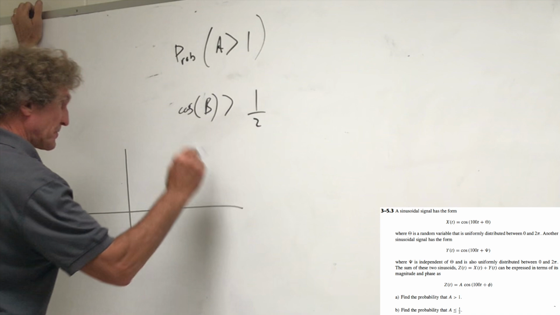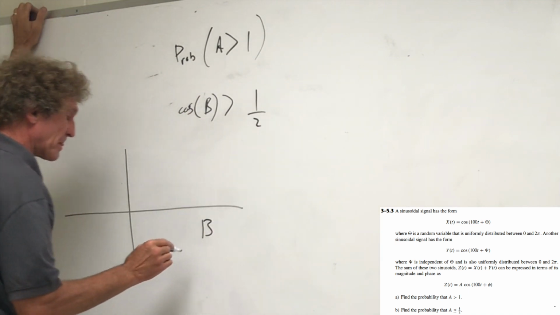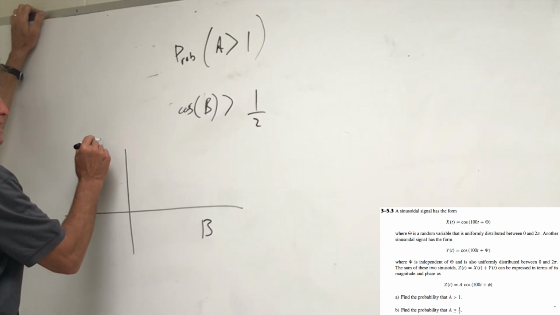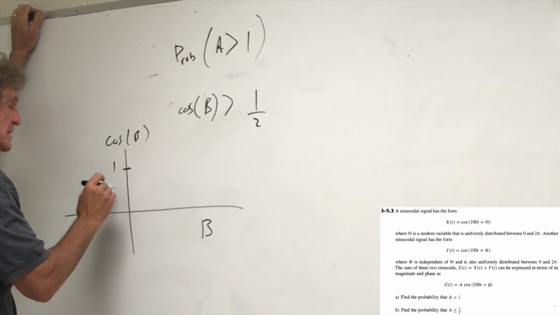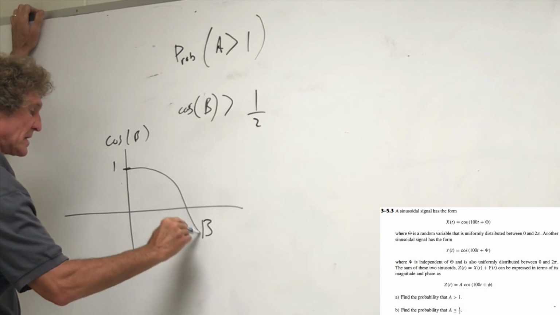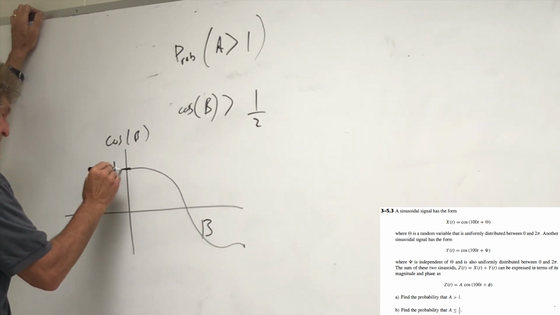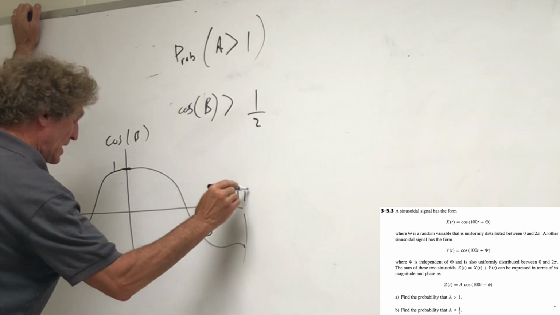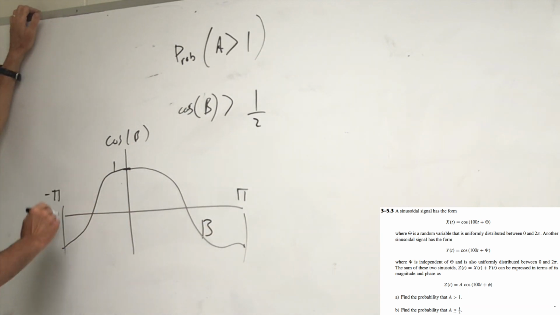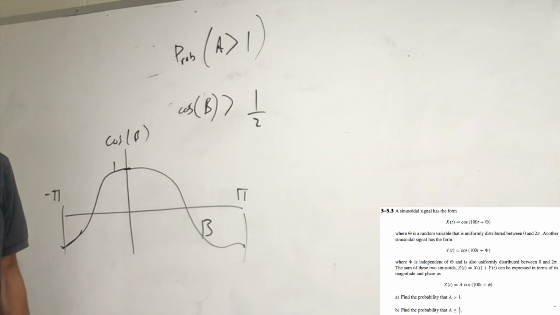If you graph beta here, and you graph cosine of beta here, it has a value of 1 here, and then it does this. I'm only going over 1 period, so this would be pi, this would be minus pi. I always like going from minus pi to plus pi when I do trig stuff. A lot of times you can eliminate one part of the integration because it's symmetric.